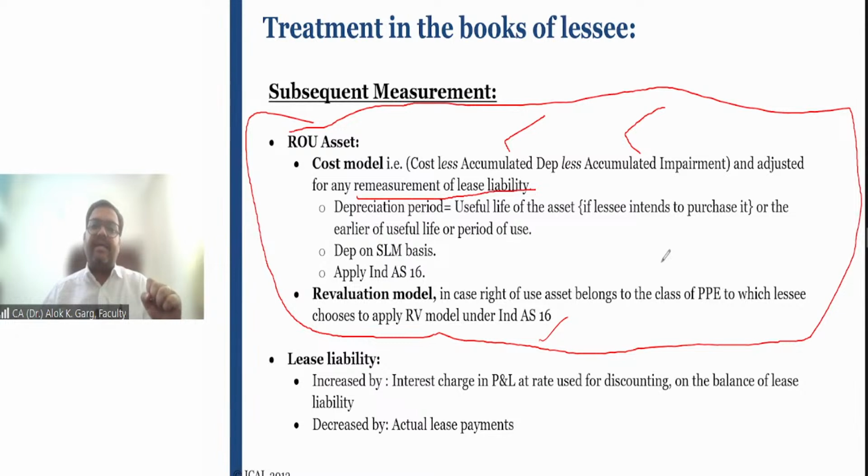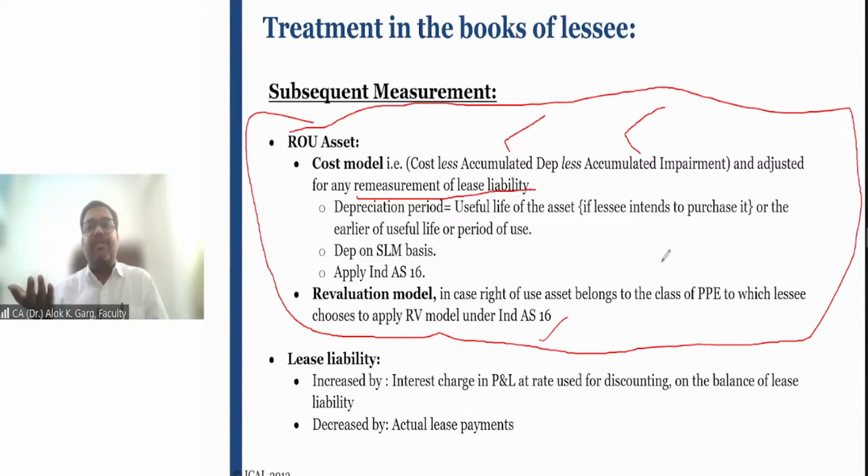So the standard says that in that case, if the lessee intends to purchase it, you have to depreciate the asset over the useful life of the asset. So what is my depreciation period? My depreciation period is the useful life of the asset, if the purchase option is there.